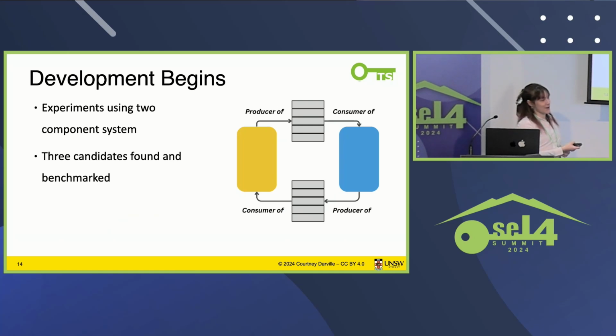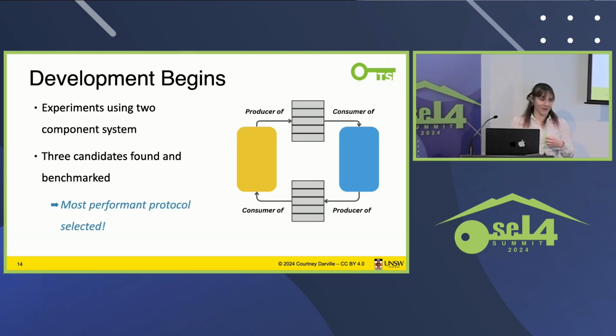Now, with this information, this motivated us and allowed us to figure out a better way to create a new protocol. So we then created a simple two-component system with two queues and just experimented until we found some protocols that could work. And eventually we found three and implemented each in the C code and benchmarked to find which one was the most performant.